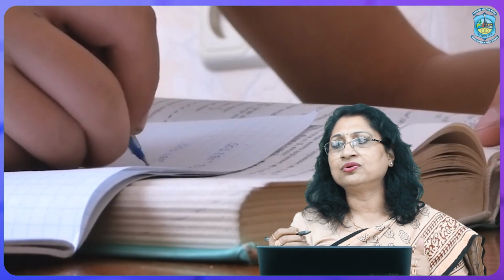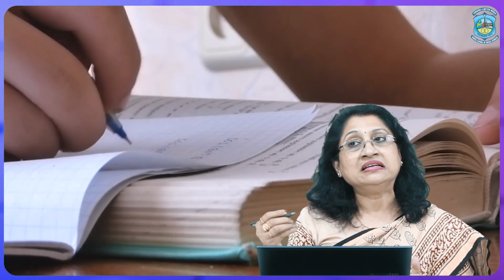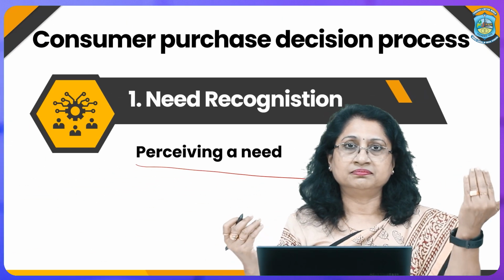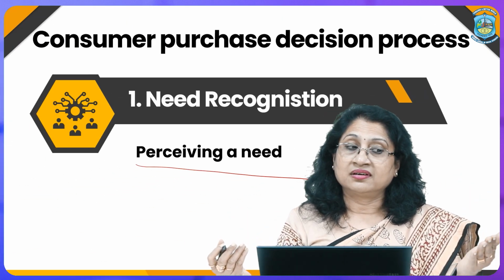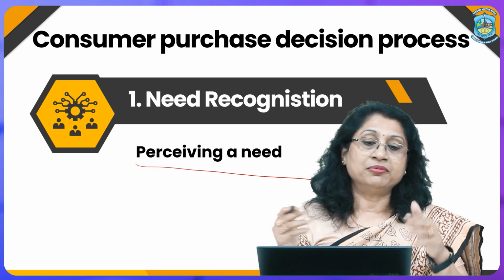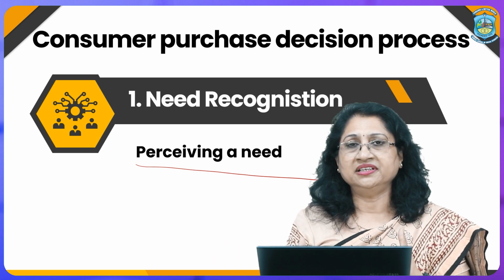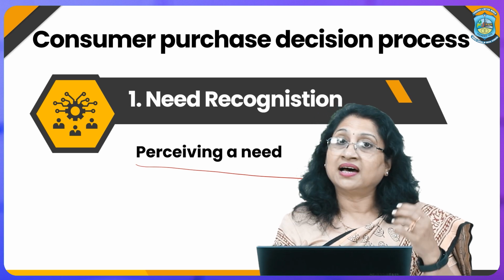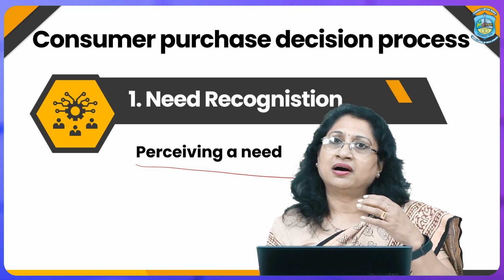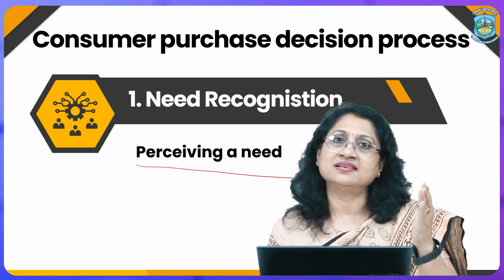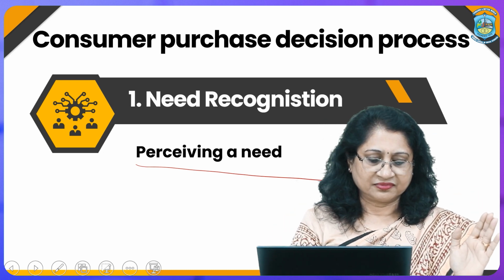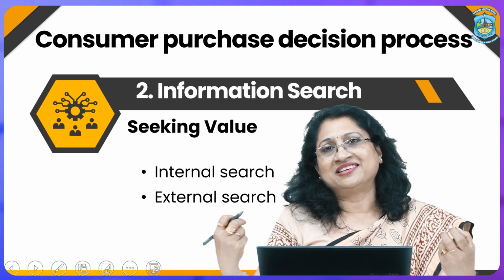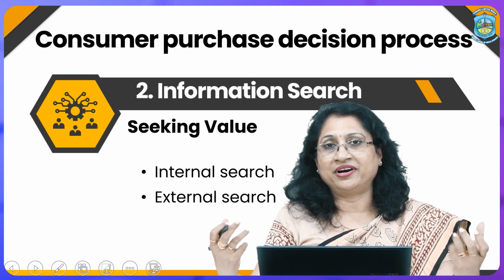Until and unless the need has been aroused, I would not think about buying. I need a mobile. When I think, oh, I am not able to perform any further activity, or I need this gadget for any work that I have to do, that is where you think about that particular need, and the need is recognized.